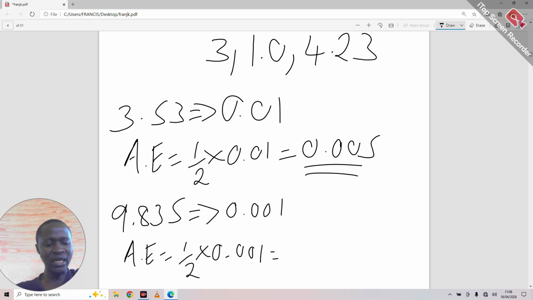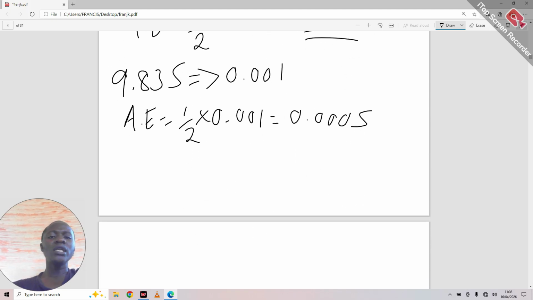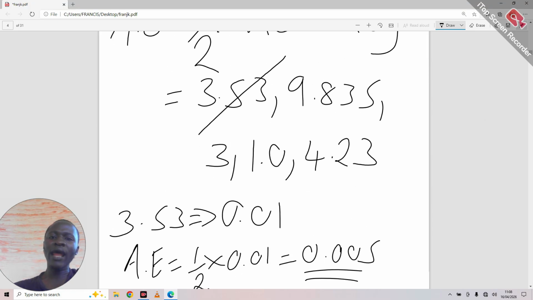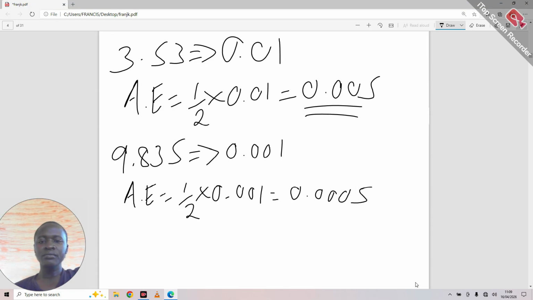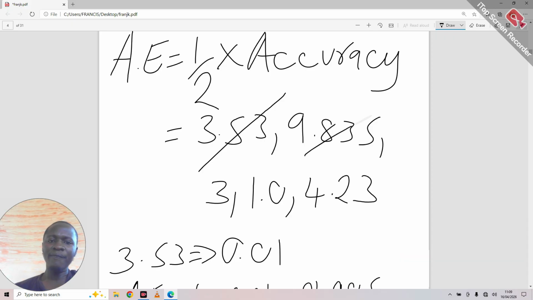On a calculator, a half multiplied by 0.001 is giving us 0.0005. So the absolute error in 9.835 is 0.0005.